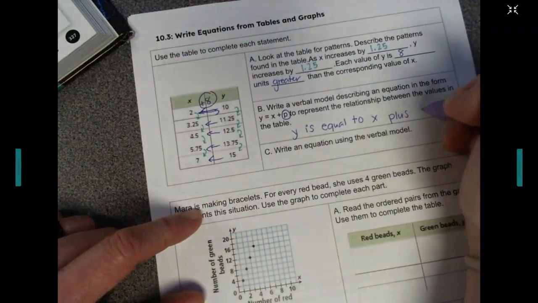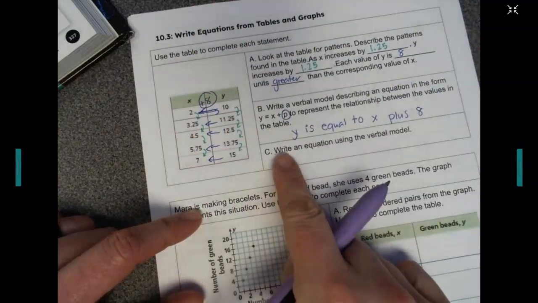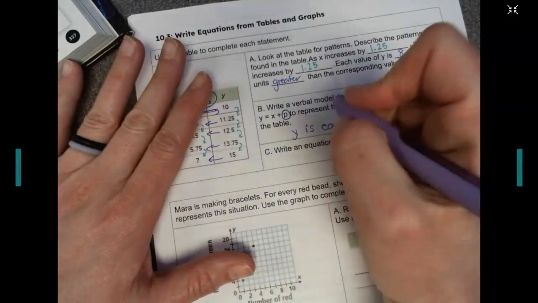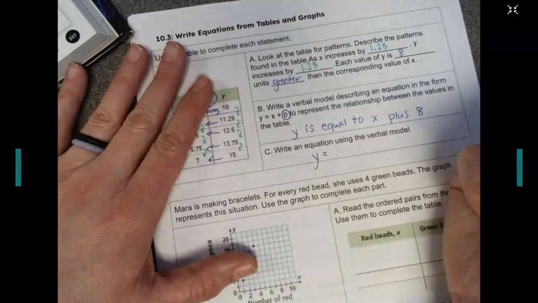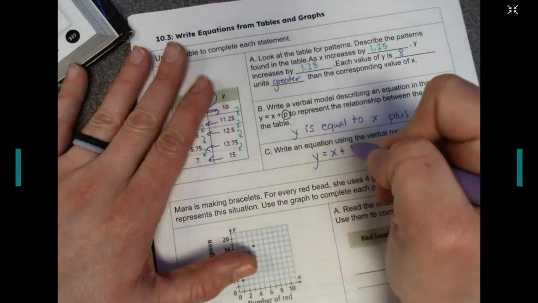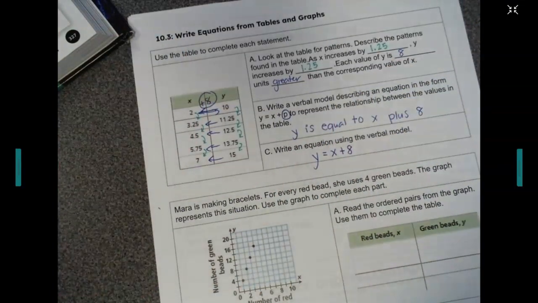So we're going to be plus 8. And now we're going to write an equation from those words. So y is equal to x plus 8. And I know that was kind of confusing, but remember on these first ones, they work the problem out. And as we get going through them, they get quicker and less things to do.